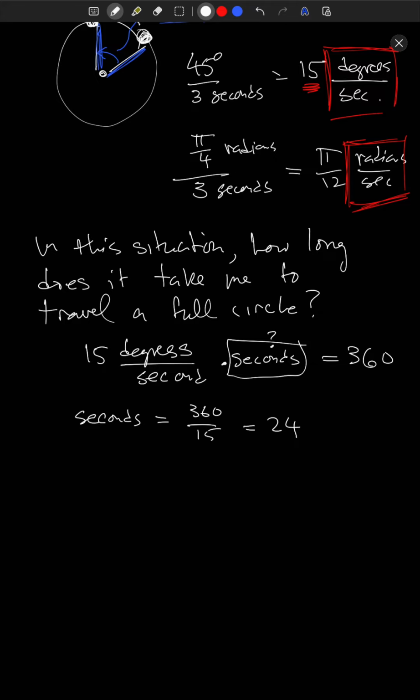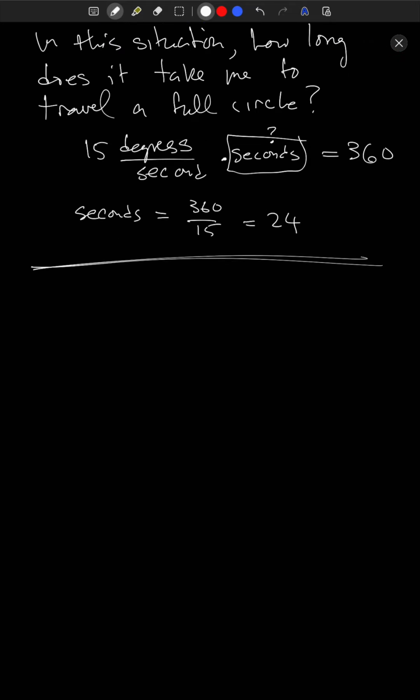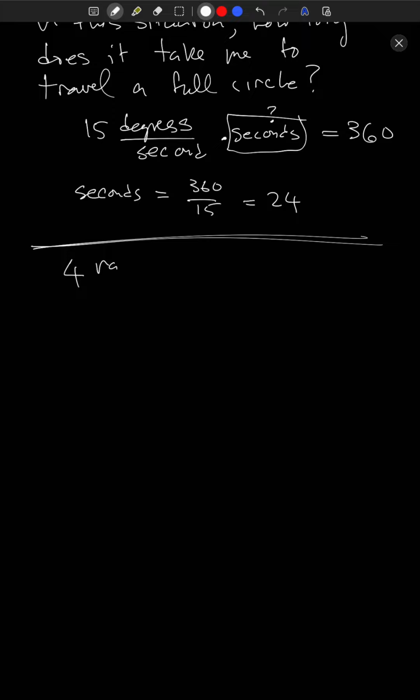Okay, so for example, let's say I have something that's traveling in a circular motion, and it's moving 4 radians per minute. All right, so I wanted to specifically do this example here, just to note, this is perfectly legal, right?